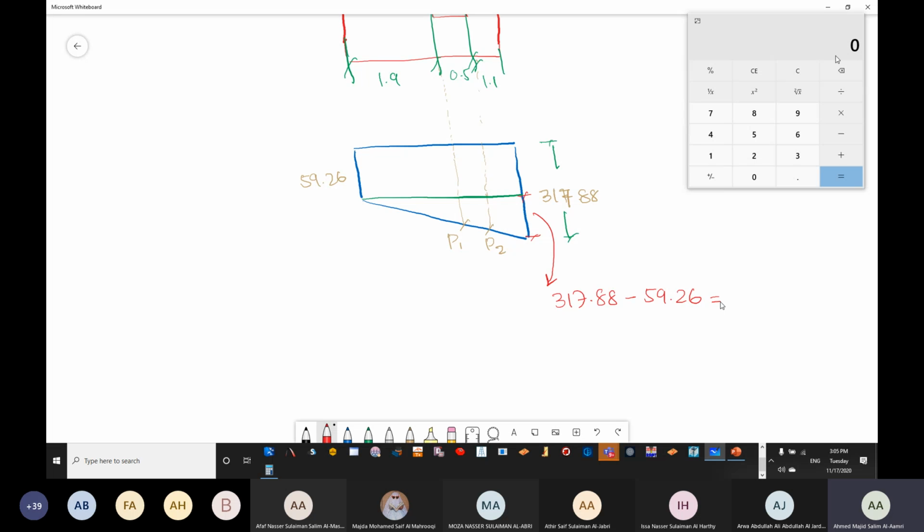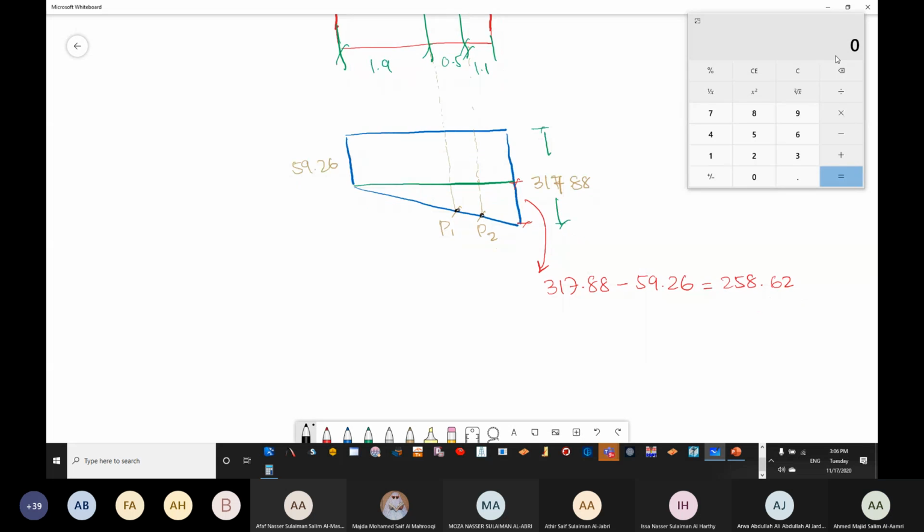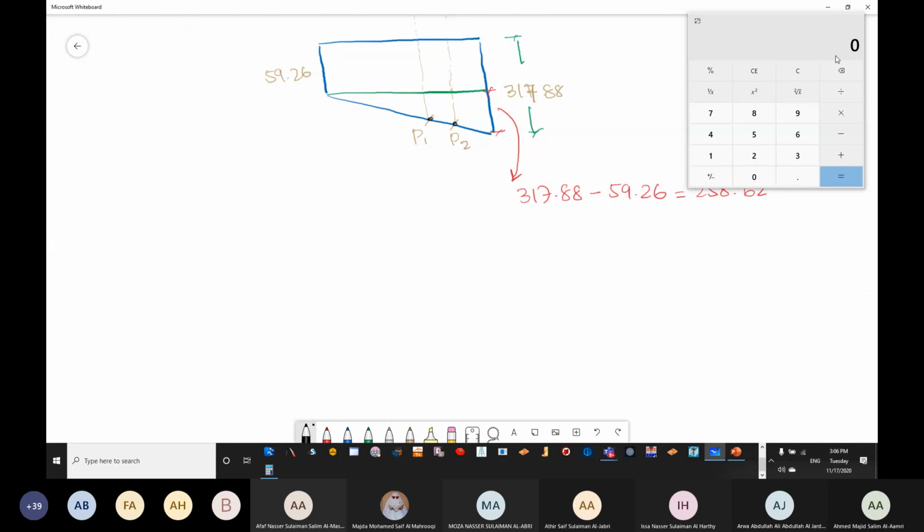How much is this value? 258.62. Okay. Now can you tell me the pressure at this point and the pressure at this point? P1.